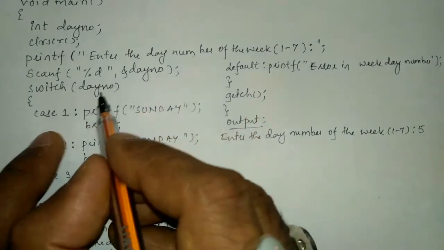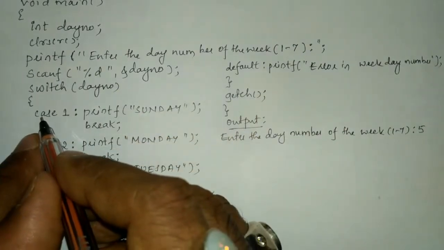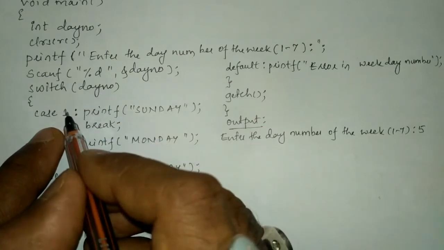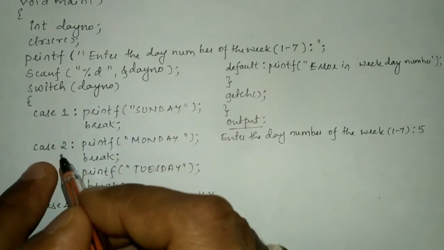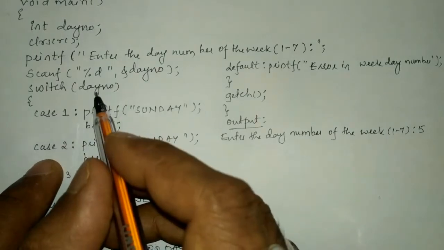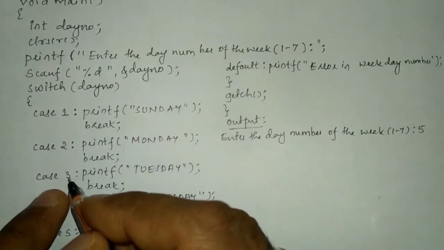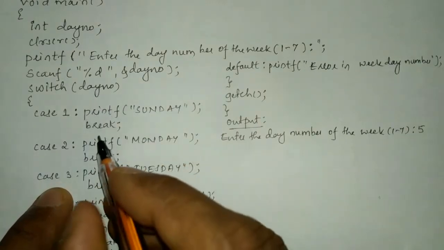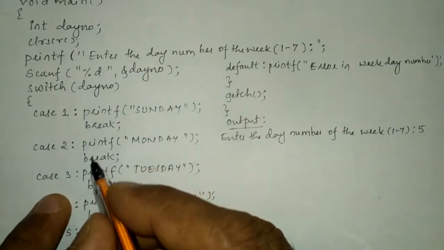This 5 will be matched with the first case, 1. 1 is not equal to 5, hence it is not true. So it is going to check case 2. 2 is not equal to 5. Then it checks case 3 is equal to 5? No, it is not equal to 3.